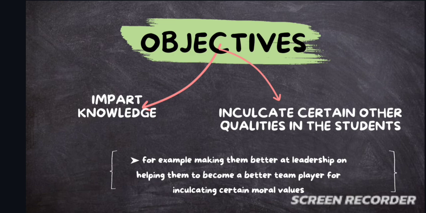These are the two main objectives of teaching. How can we inculcate qualities into students? For example, by making them better leaders, good team players, making them fit into particular groups, and involving them in activities.